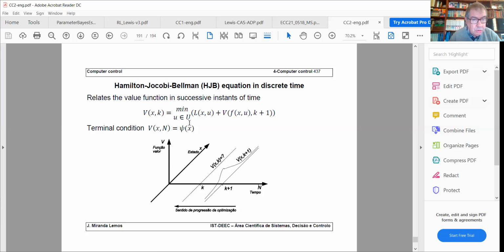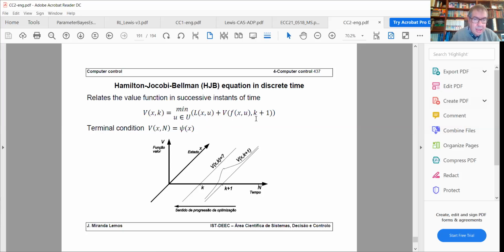So you isolate just one time, you optimize, and you use Bellman's principle. To remind you, this is the optimal cost to go, because when you do this minimization, it does not matter how you reached the state at time k plus 1. So you have to solve this equation.